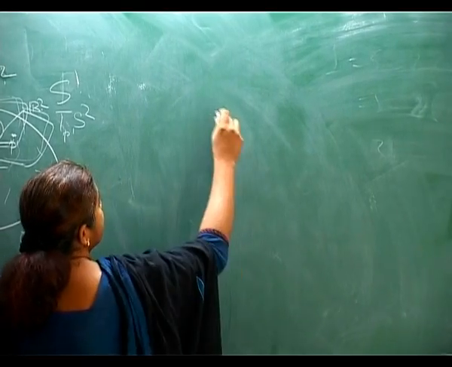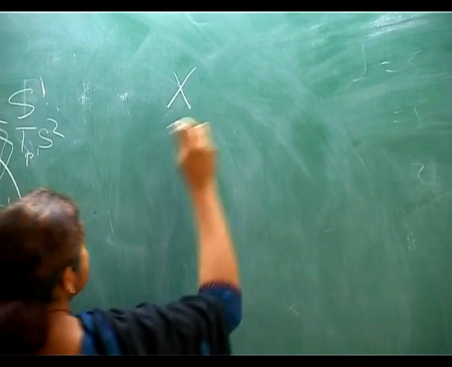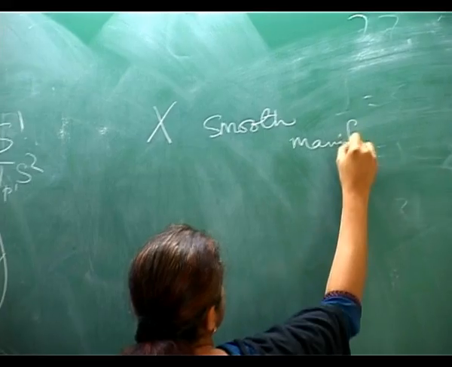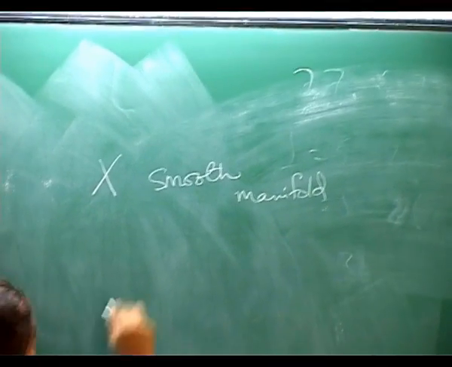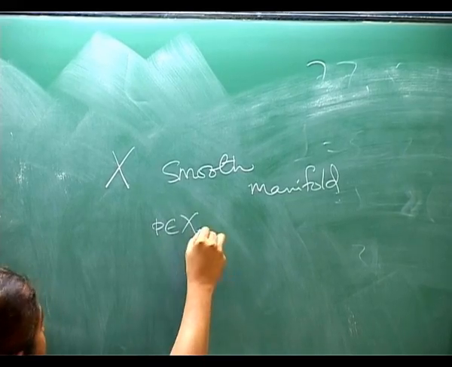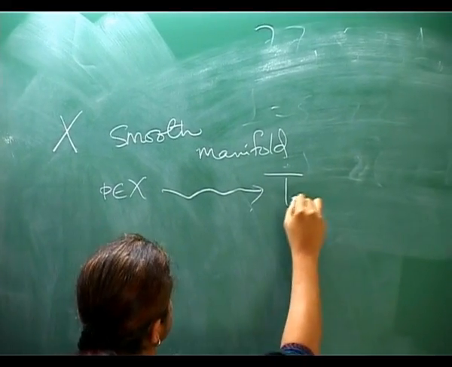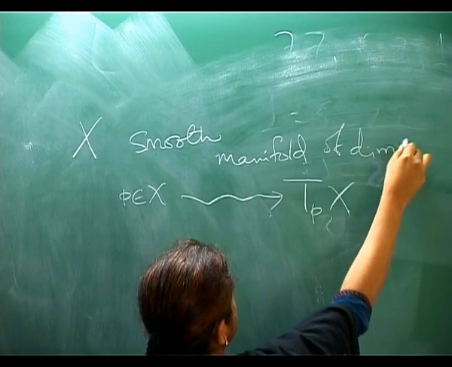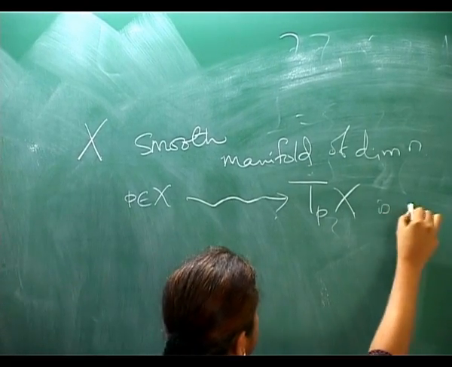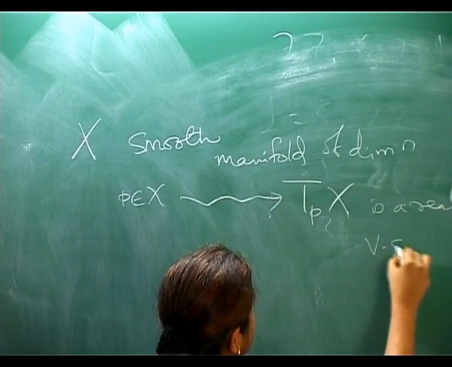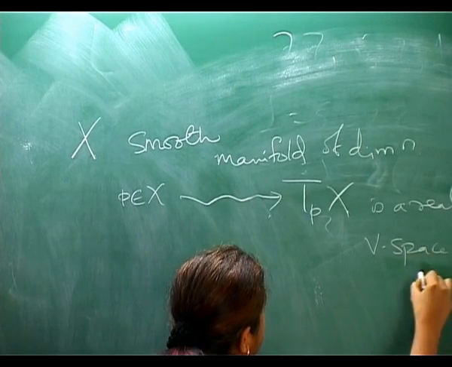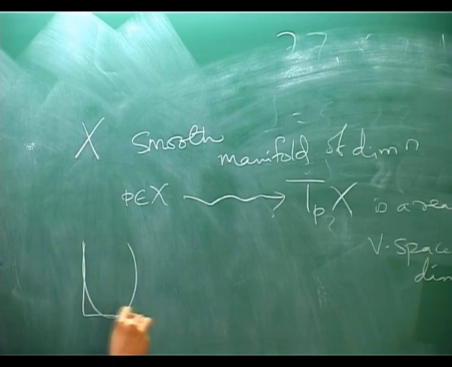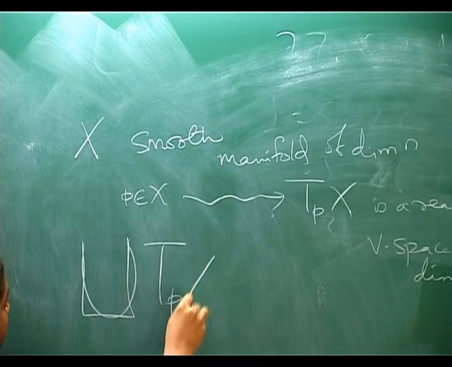One can write this formally. Suppose X is a smooth manifold of dimension n. Given any point P in X, you associate a tangent space, which is a real vector space of dimension n. Now you take the disjoint union of all these tangent spaces.